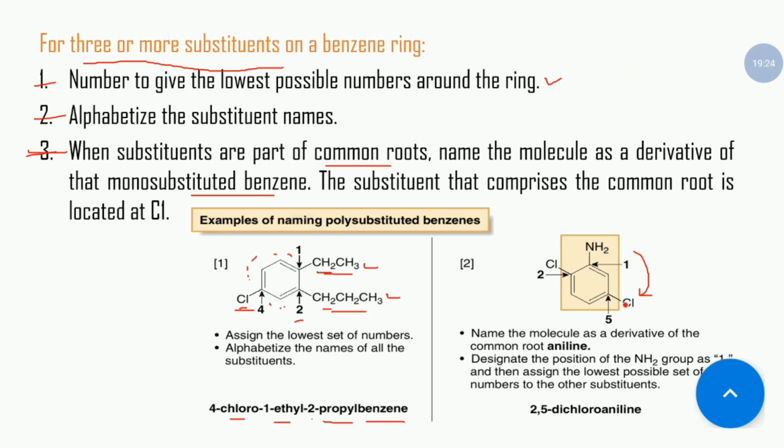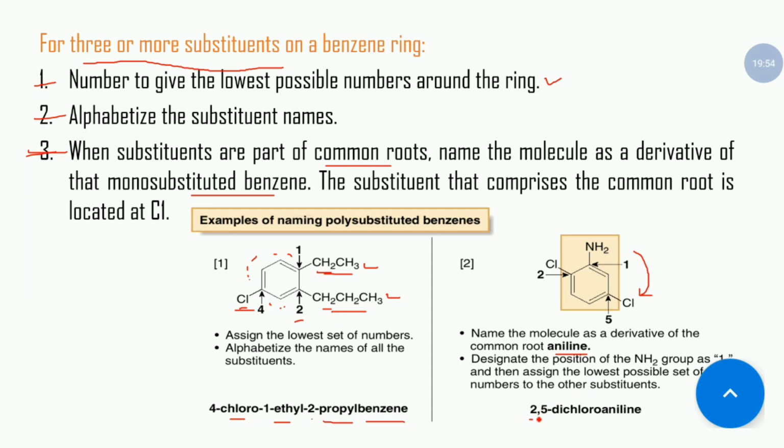Okay, so now one thing is there, the benzene having an NH2 group, means amino group, so this one is also a part of common root, that is aniline. So instead of aminobenzene you just write aniline at the end. The position is 1 2 3 4 5, so it's 2 comma 5.